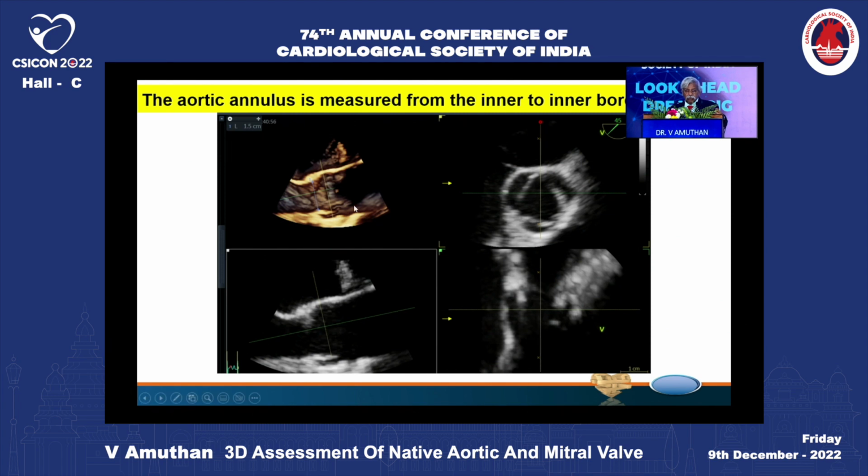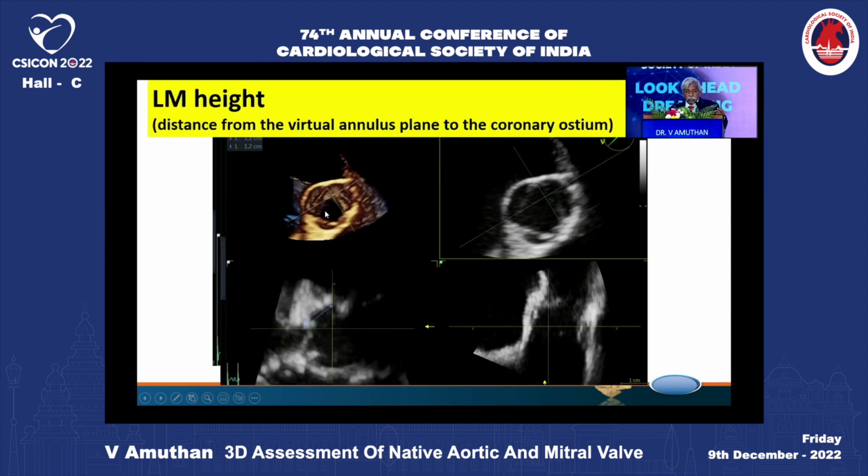The measurement is usually done in mid-systole, that's where, number one, from inner to inner border, very important. Now, the left main height, that's also very important for the interventional cardiologist, so that they don't tamper with the origin of the main coronary artery, left main coronary artery.